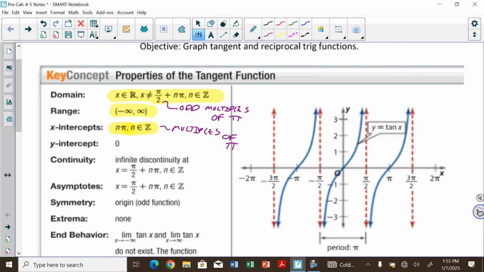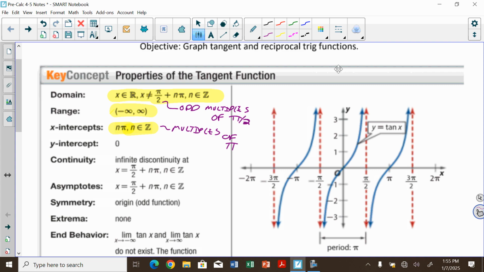Where up here, the domain would be odd multiples of pi over 2. I'm sorry, this would be pi over 2, so make sure you make that change. So that would be pi over 2, 3 times pi over 2, 5 times pi over 2, and so on and so forth. Okay, and this is the parent function tangent.